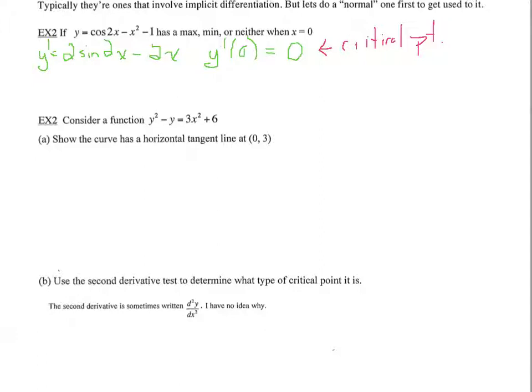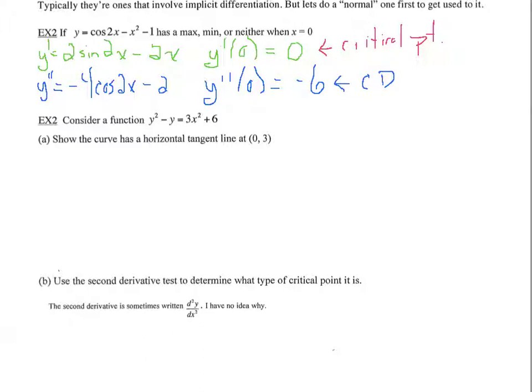Now we are going to look for the second derivative. The second derivative of this function is going to be minus 4 cosine 2x minus 2, and at 0, the second derivative is negative 6, which means that we are concave down.